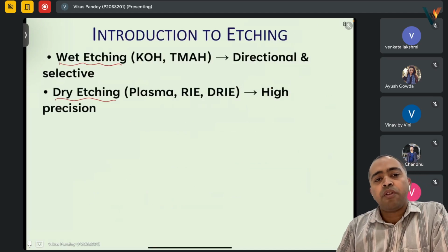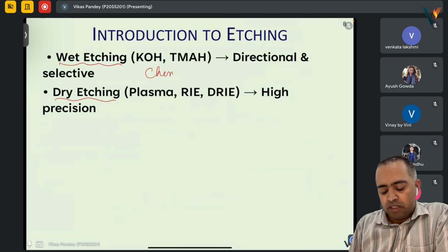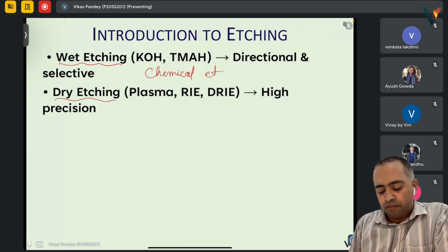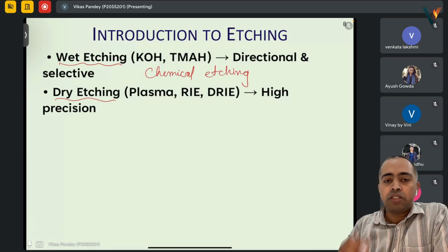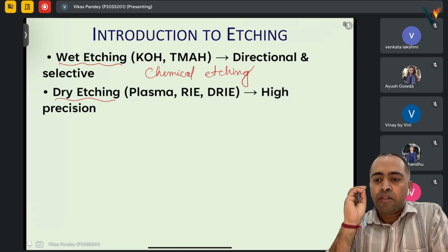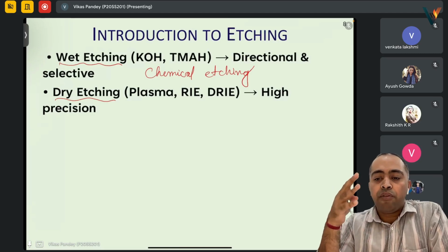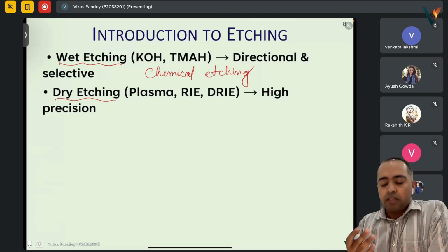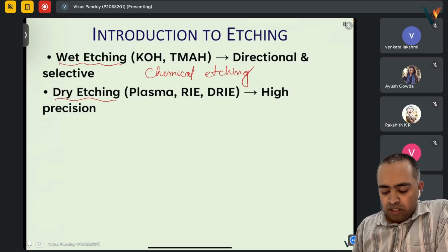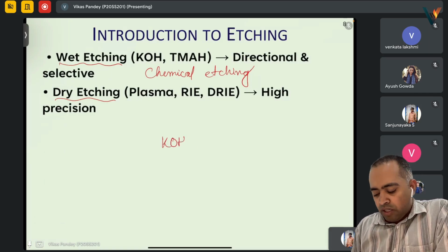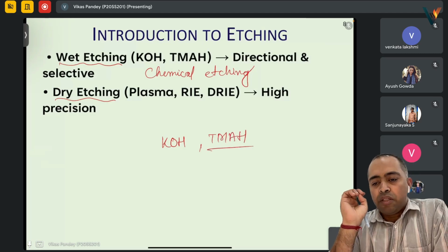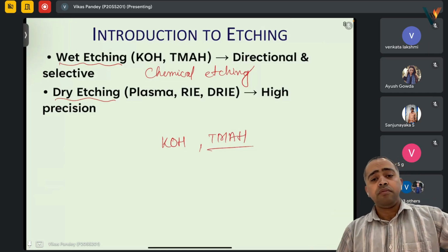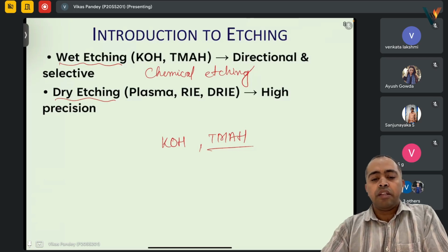Wet etching, also known as chemical etching, is the one in which we dip our wafer in some wet chemicals, and etching is done. Standard chemicals to etch silicon are KOH, potassium hydroxide, or TMAH. Okay, these two chemicals are commonly used for etching. Is there any doubt still here?